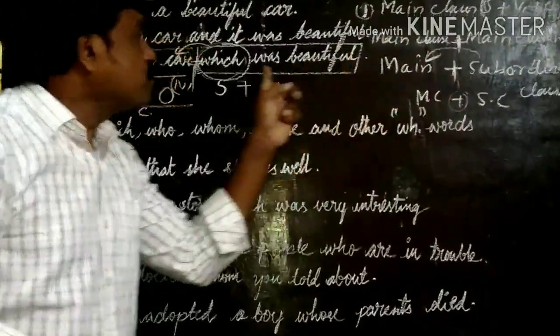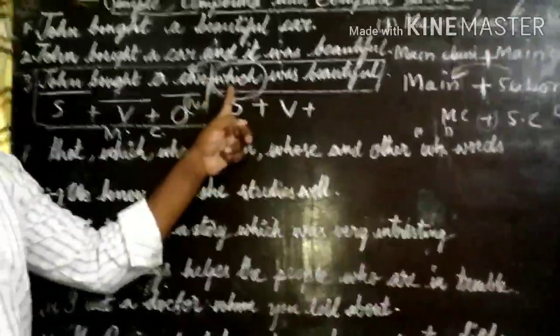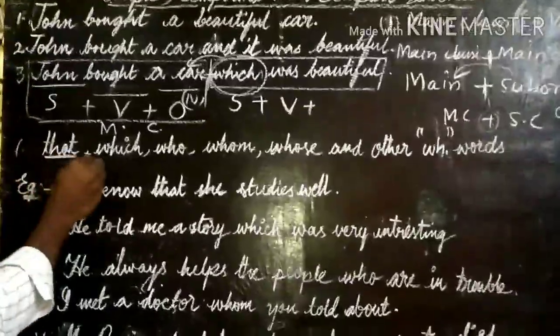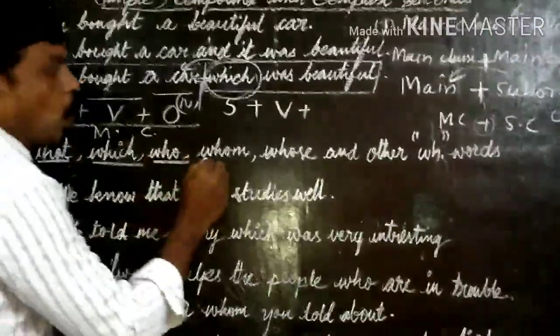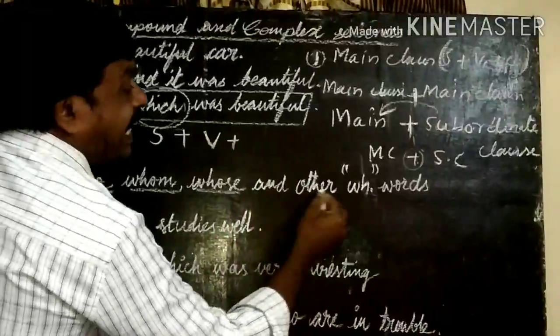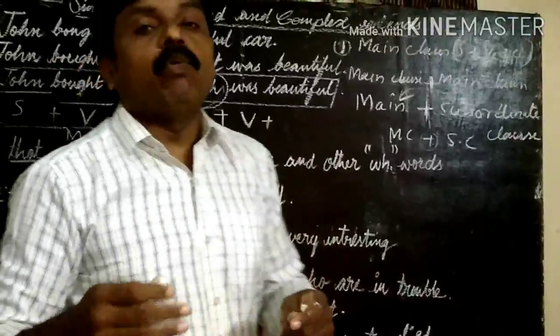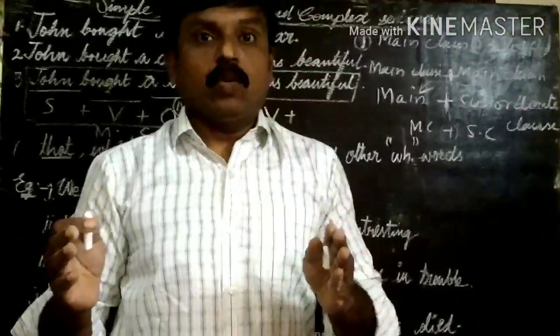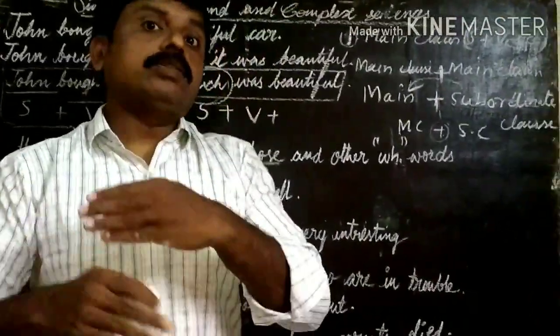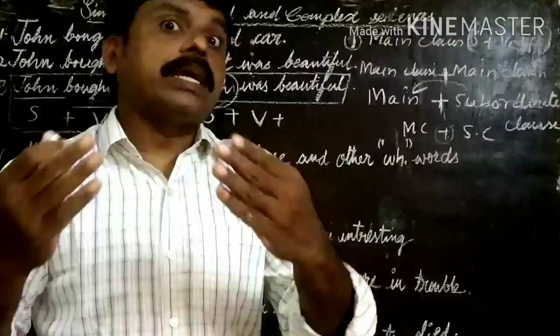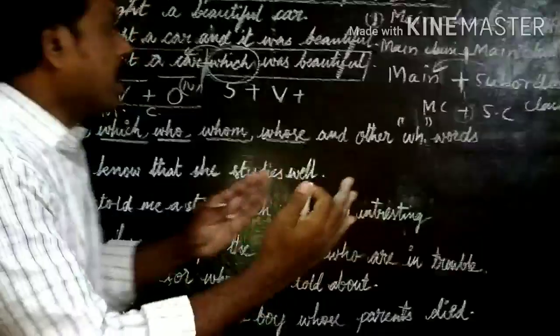Sometimes some relative pronouns like these. Relative pronouns: that, which, who, whom, whose, and other WH words. Sometimes other WH words like what, where, why, etc. are also used as subordinate conjunctions in the language to make subordinate clauses.